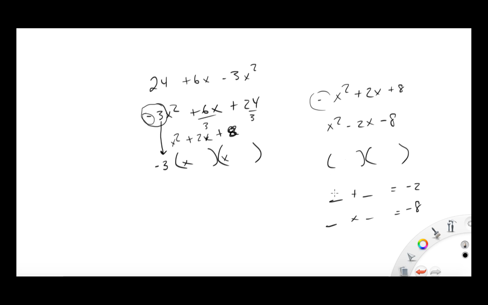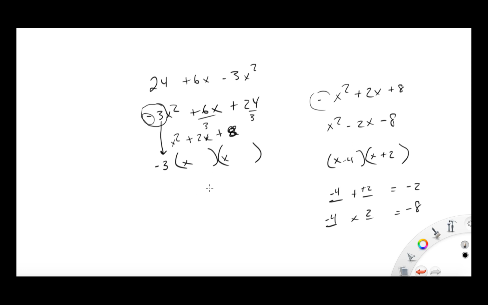Well, if I have a negative 4 and a positive 2, negative 4 plus 2 equals negative 2, and a negative 4 times a positive 2 gives me negative 8. So inside my parentheses here, it's going to be a negative 4 and a positive 2. And what do we do with this negative over here?